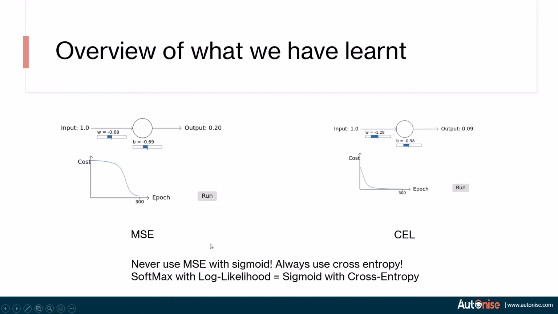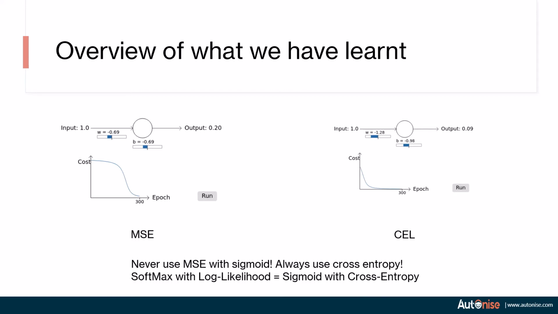So never use MSE with sigmoid. That is the takeaway. Always use cross entropy loss with sigmoid. We also had a look at softmax with log likelihood cost function, which is equivalent to sigmoid with cross entropy loss. So that is the overview of what we have learned.